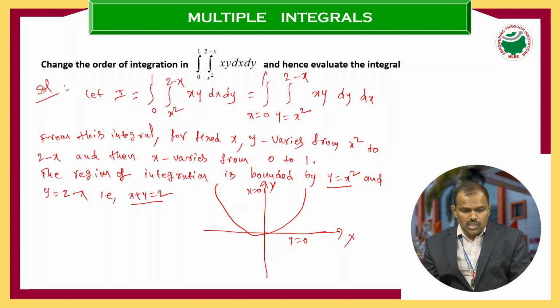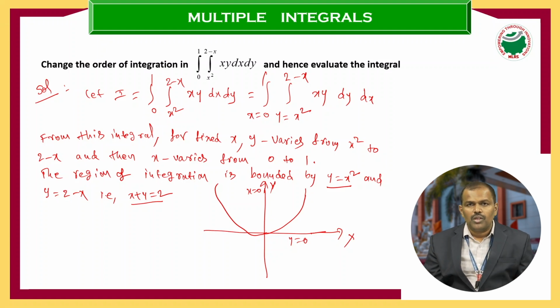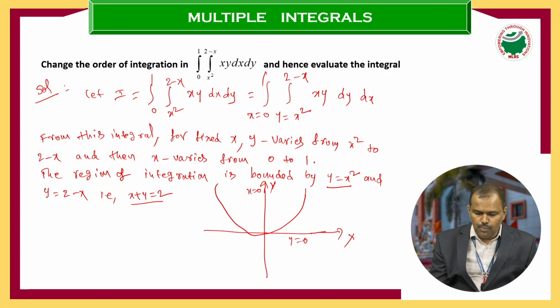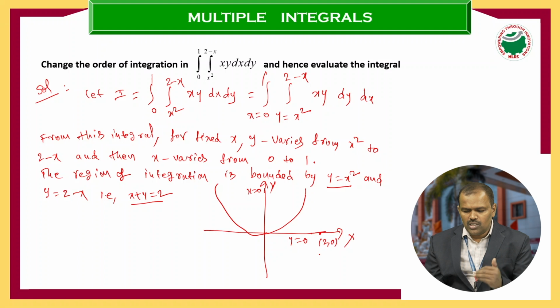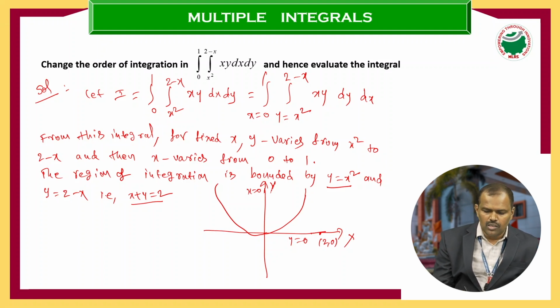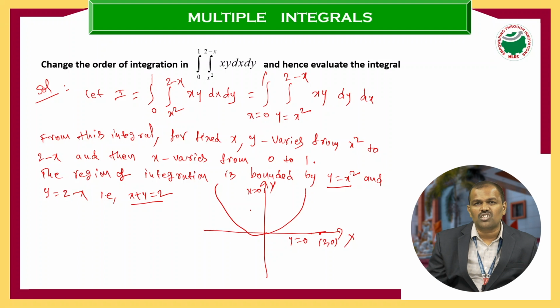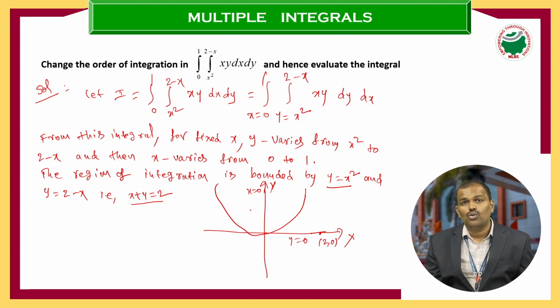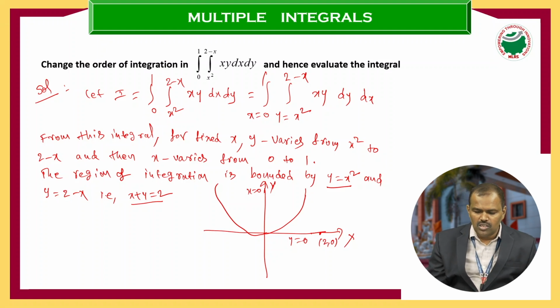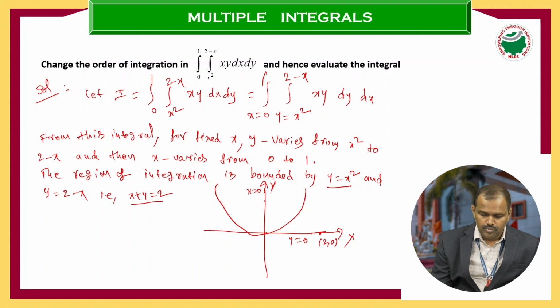Simply substitute y is equal to 0 in x plus y is equal to 2, and x is equal to 2. That means the point on the x-axis is 2, 0. Next, on the y-axis, if we substitute x is equal to 0, y is equal to 2, so the point is 0, 2.